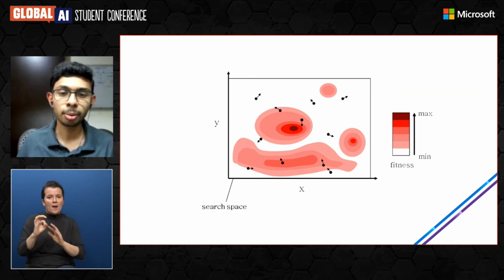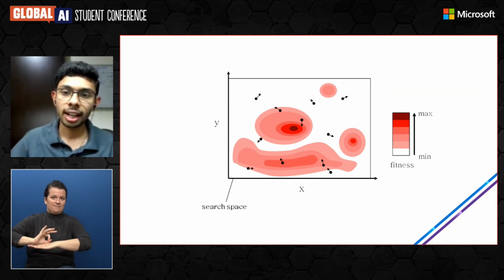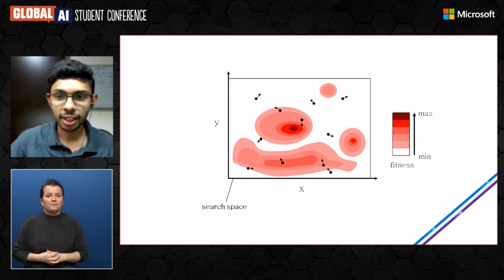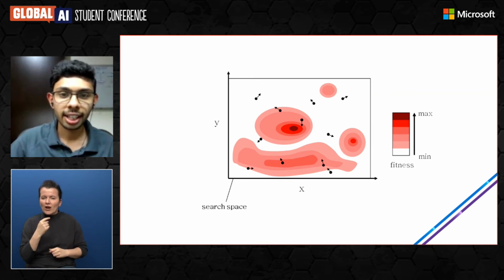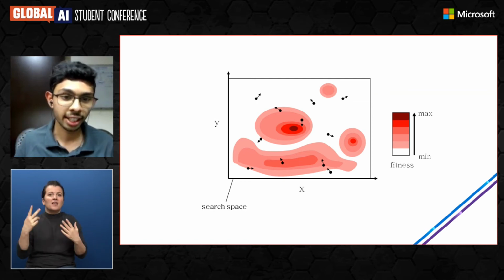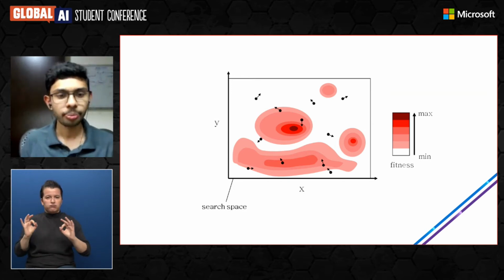That would be the global minimum, and that's where we need our particles to reach. There's a small red dot at the center of the graph, and you can see the particles that have been randomly initialized, and now they need to find their way. They need to find that global best position.